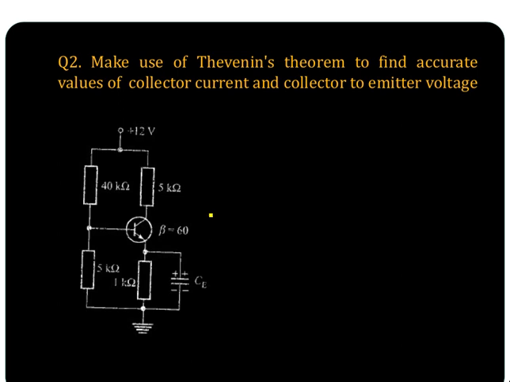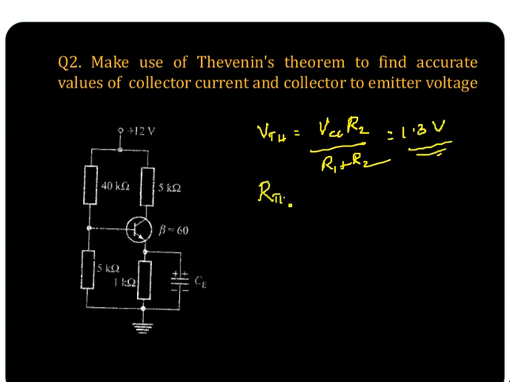This is the same diagram which we discussed for question number 1. So if you find out the Thevenin equivalent voltage, this V Thevenin will be equal to VCC into R2 divided by R1 plus R2. Okay, so V Thevenin, if you substitute the values of R2, R1 and VCC, you will get it finally as 1.3 volt.